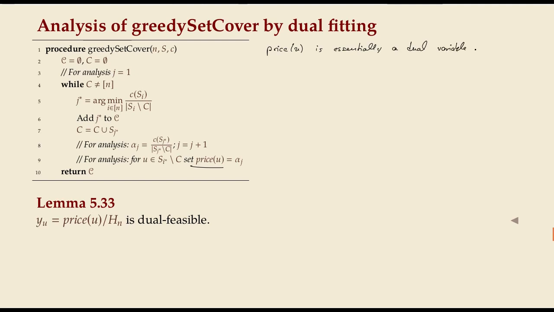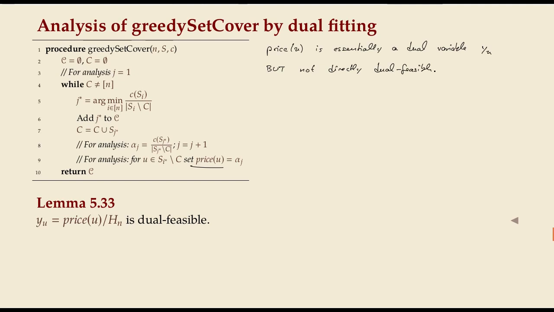It has certain meaning similar to our intuition for the primal. But in the way that we have it here, it's not really a solution because it's not feasible in the dual.